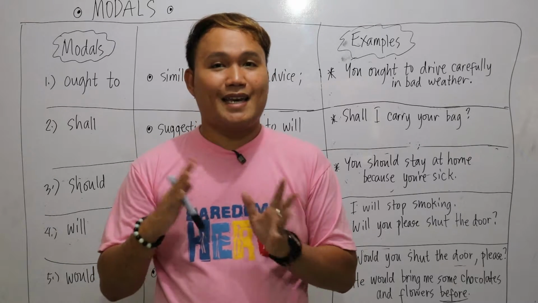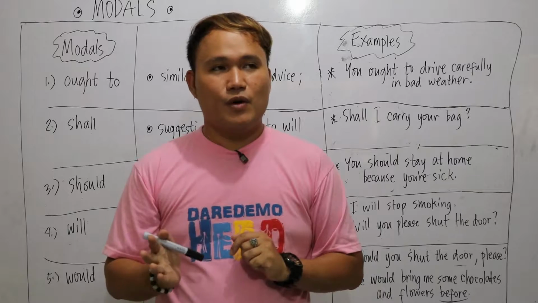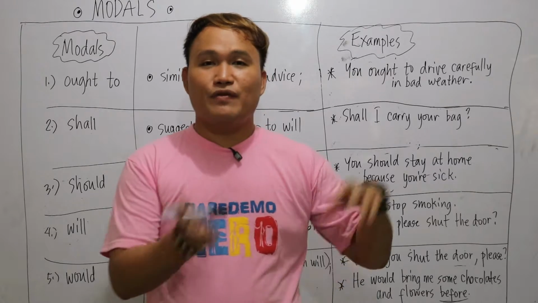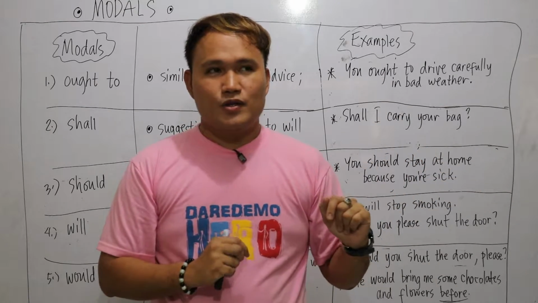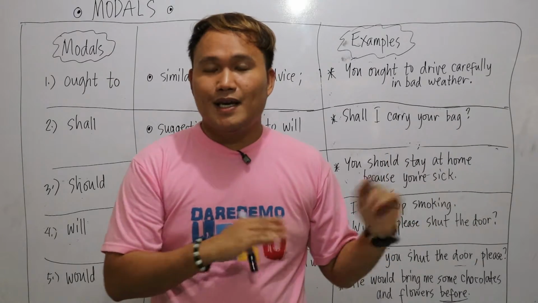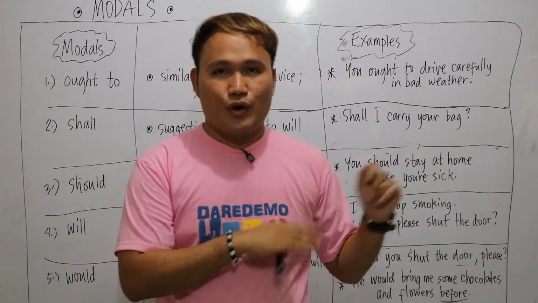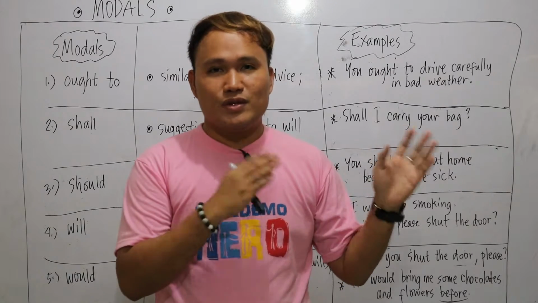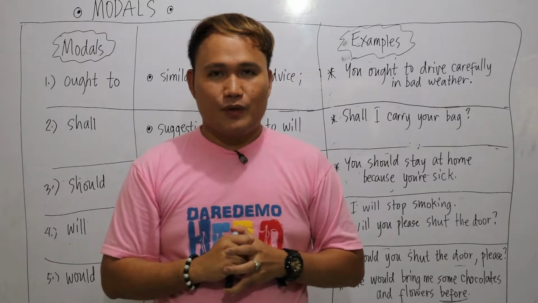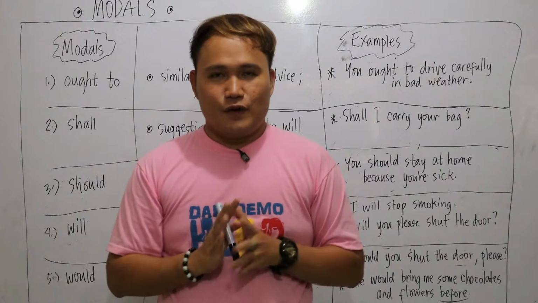So you use cannot, its negative form. So right now he cannot, but before he could swim. So you don't say before he can swim. Instead of saying he can swim, you say he could swim before, or he could swim when he was younger. Always take note of that.